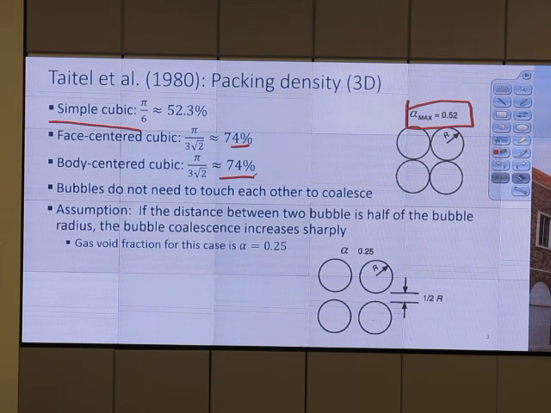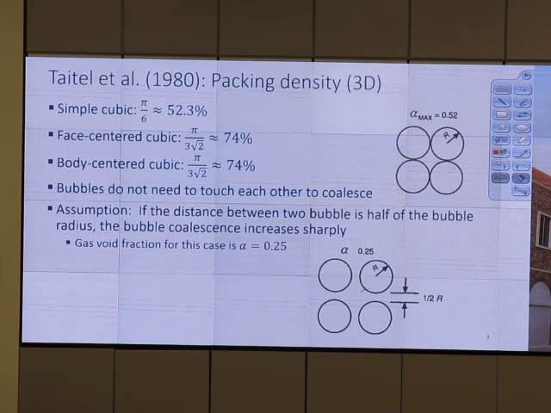In this model, they assume that when the gap is about half of the radius, we have a void fraction of about 0.25. If we have a void fraction more than this, gas tends to collide and coalesce.